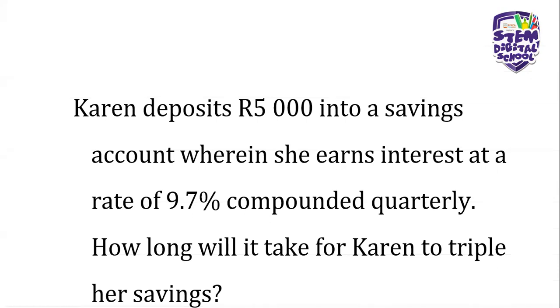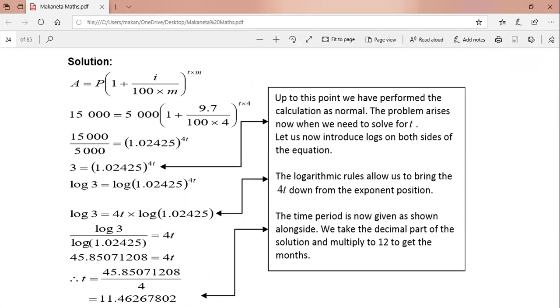So once again, this amount is compounded quarterly, so it means we are going to use the compound interest formula. If it is compounded quarterly, then it means it's 4 times in a year. So you multiply the time there by 4.